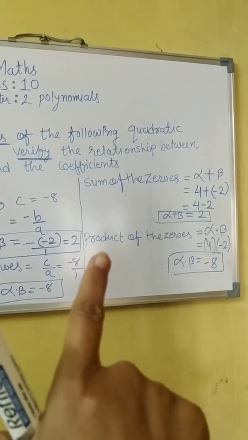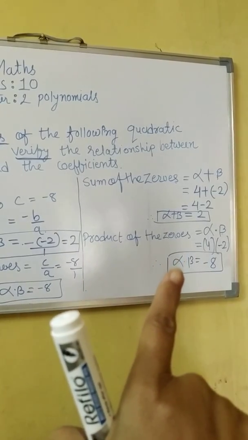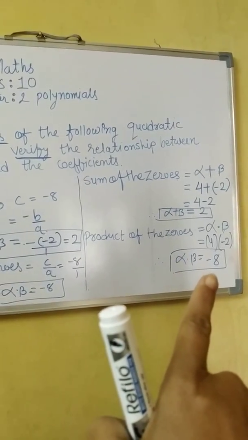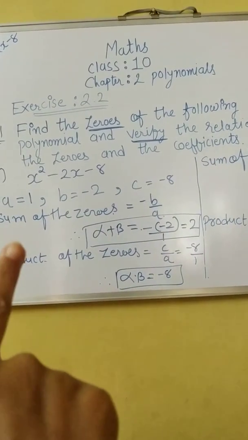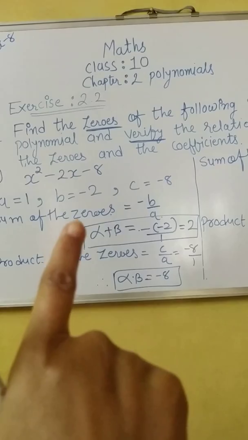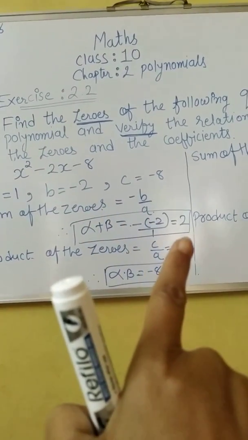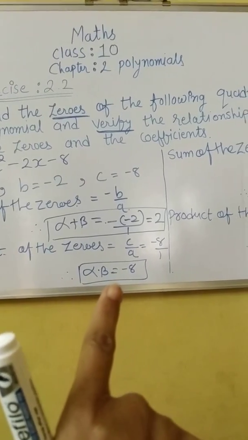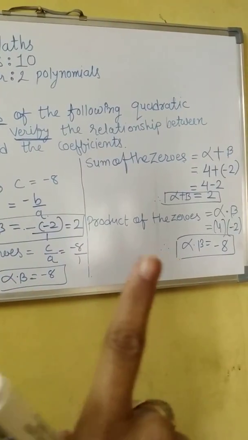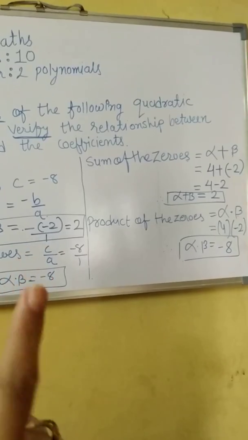If you are doing the product of it, means alpha into beta, you got minus 8. And by this process if you are verifying it, the sum of the zeros is 2 again, and the product of the zeros is minus 8. Means from both these processes you got the same answer.